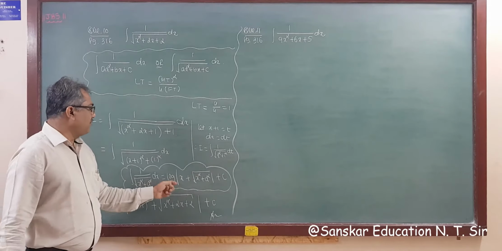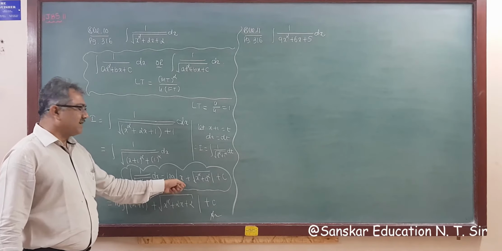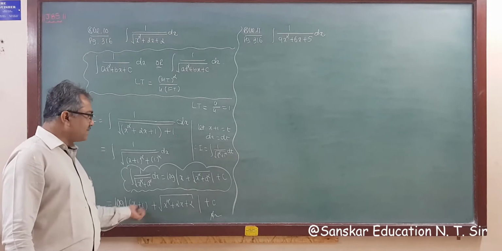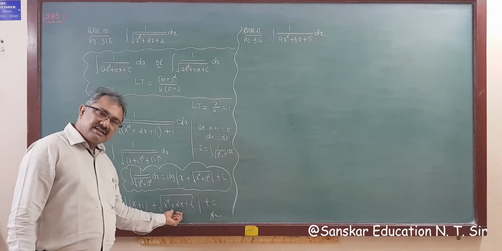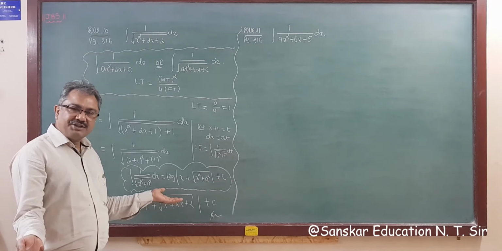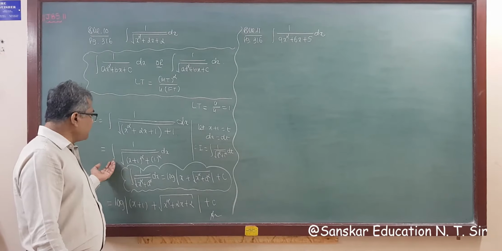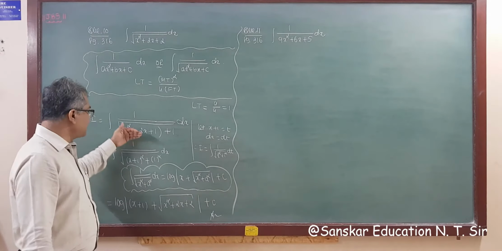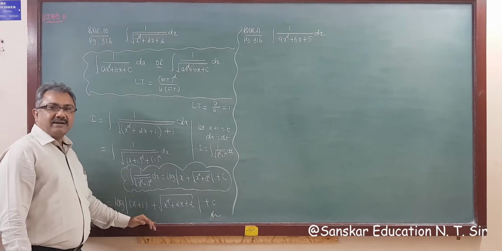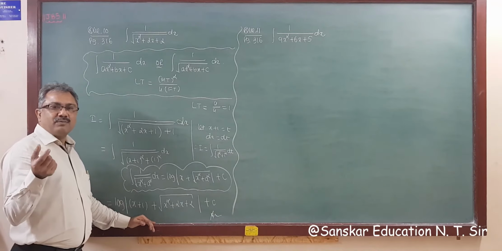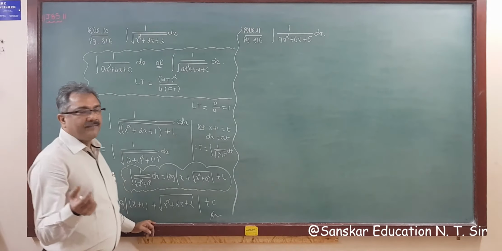You will get log t, that is x plus 1, plus square root of t square plus a square. So nothing changes, right? You can apply either this method or this method, but this is a time saving technique, and saving time is very important for you, right?